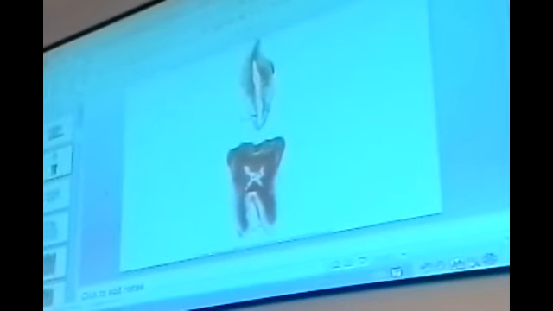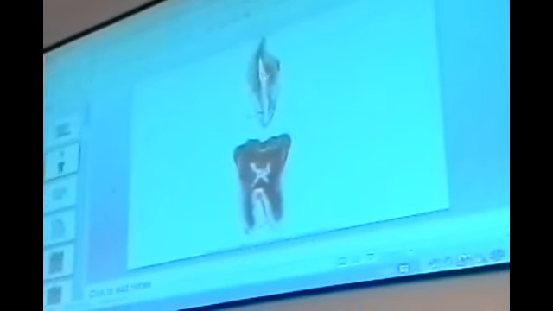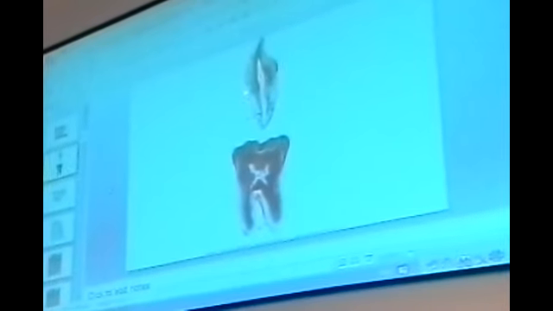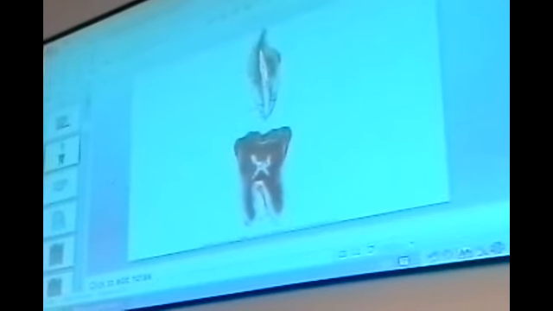Does it contain dental tubules? Yes. Dental tubules extend from the pulp cavity to the junction between dentine and enamel, and the junction between dentine and cementum. What do these dental tubules contain? Processes of odontoblasts, which line the pulp cavity.